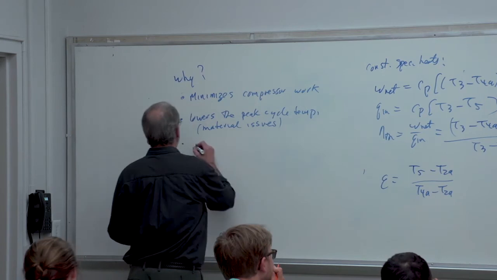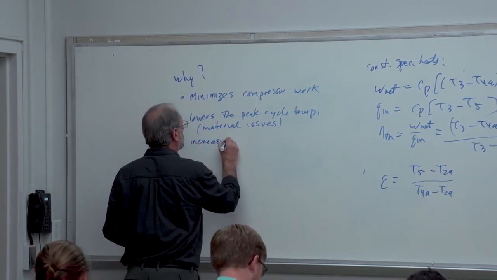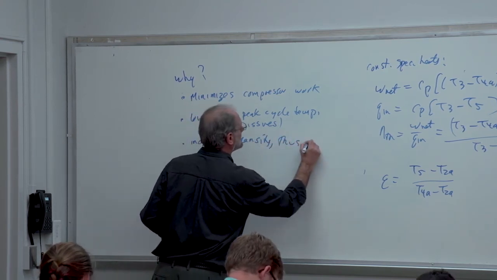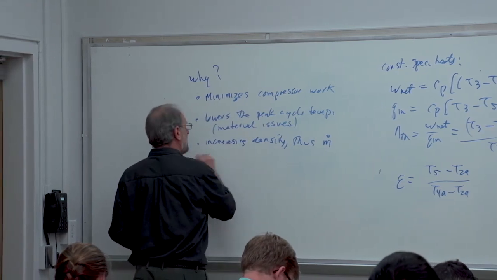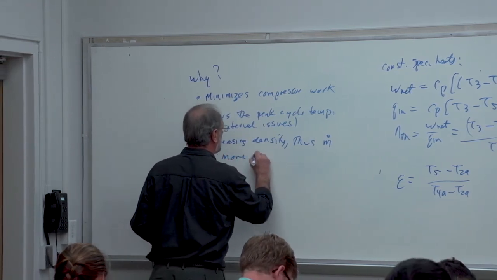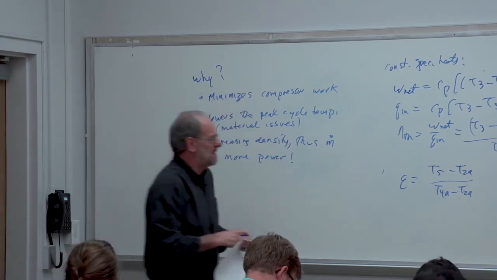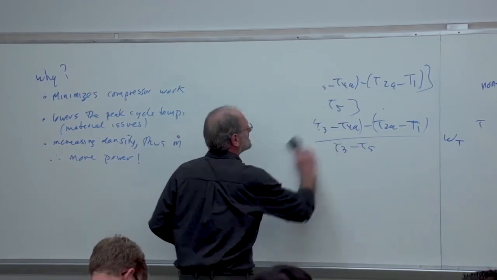So the lower the temperature means we're actually increasing the density, and thus the mass flow rate, and therefore more power. So there's lots of reasons, really, why we might want to add intercooling to our system.